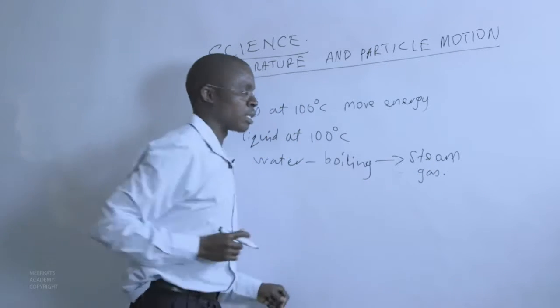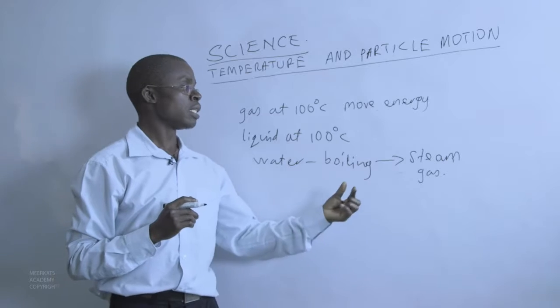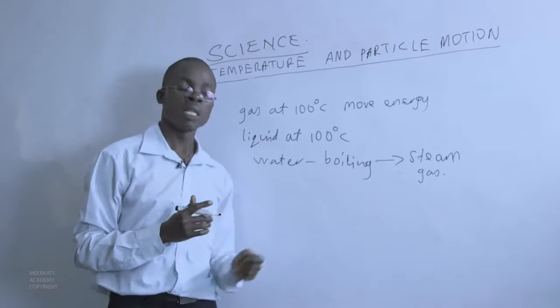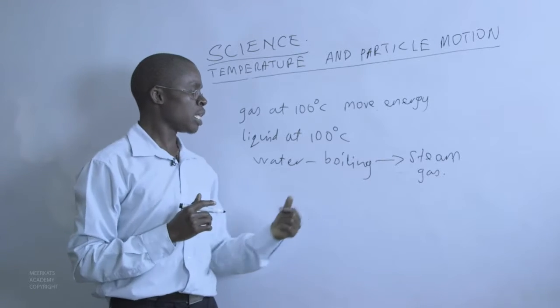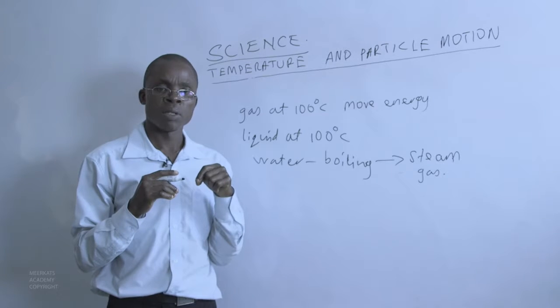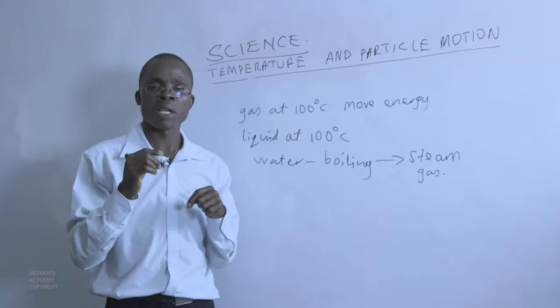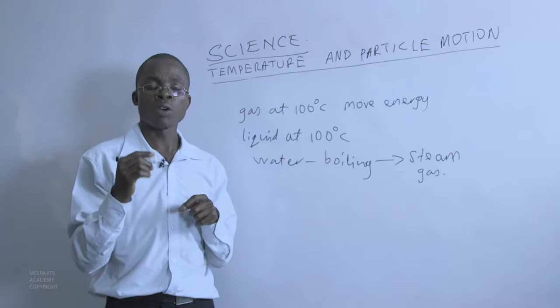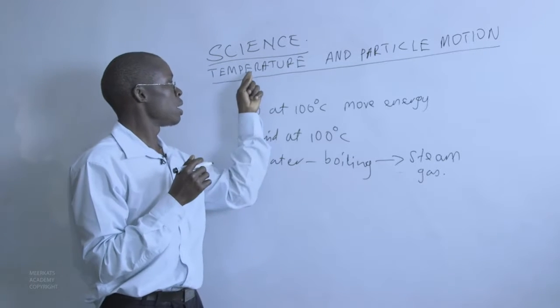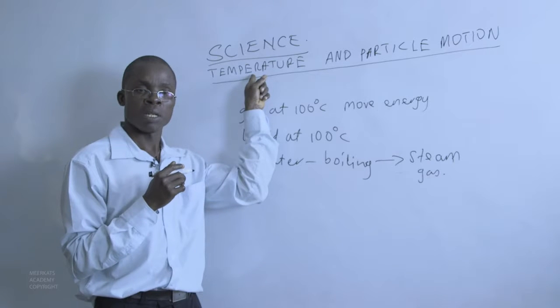Steam is a gas. It's only called steam to show a gas of water. So it has been achieved by breaking the bonds. Now the question comes in: what causes the breaking of these bonds? And that is the increase in temperature.